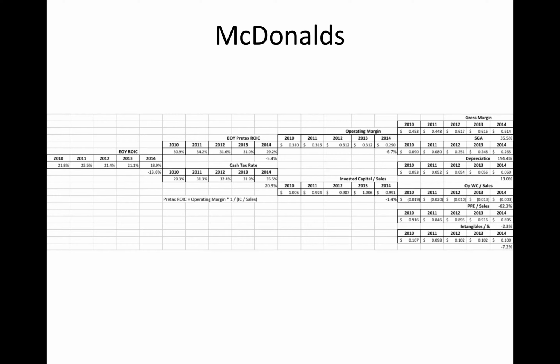But on the income statement, something changed. So in this case, let's look at what caused the changes between 12 and 14. And those are the more interesting years if you look at the trends, because the operating margin went from 31 to 32 to 31 to 31 to 29. So it was really in 13, 14 that the operating margin performance really started to worsen.